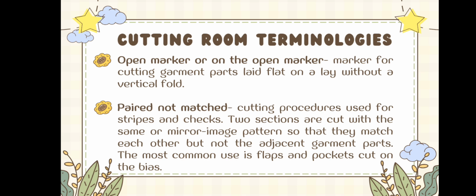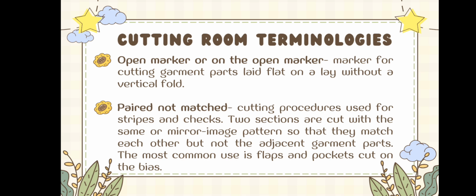So for example, you have stripes or checks on the garment, and then you will pair it with plain flaps or pockets, so it looks different and has an effect that accentuates the flaps and the pockets. So it is paired but not matched.